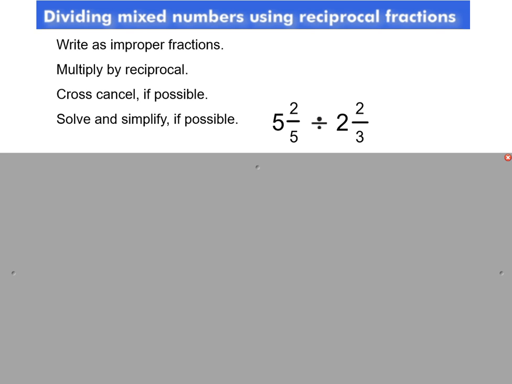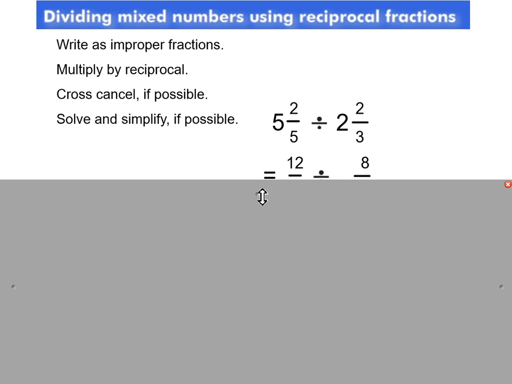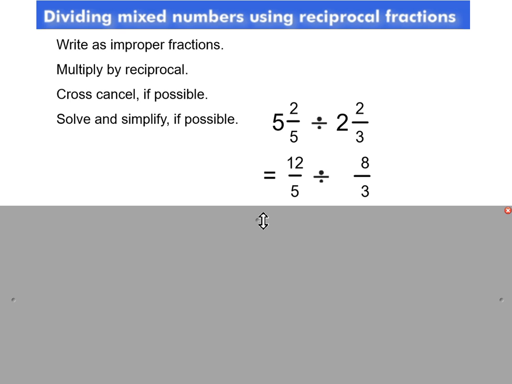Let's do one more example together and then do a couple on your own. So starting with this division problem, we're going to first change those mixed numbers into improper fractions by multiplying the denominator times the whole number and adding the numerator.